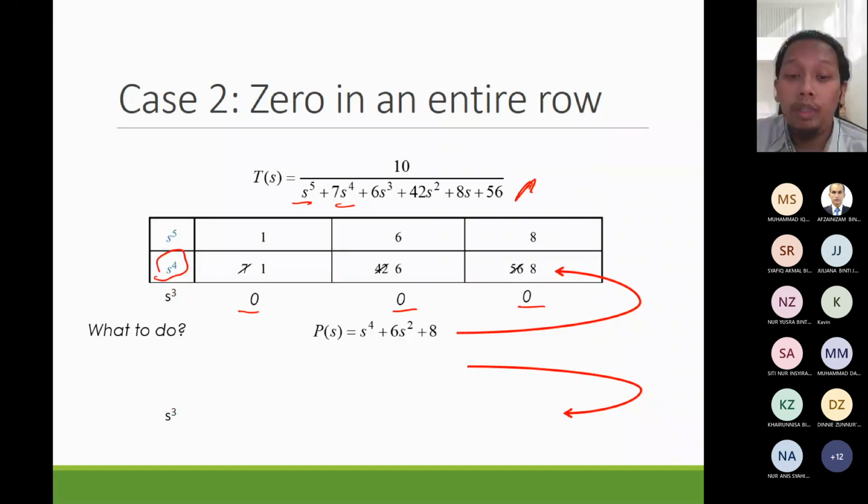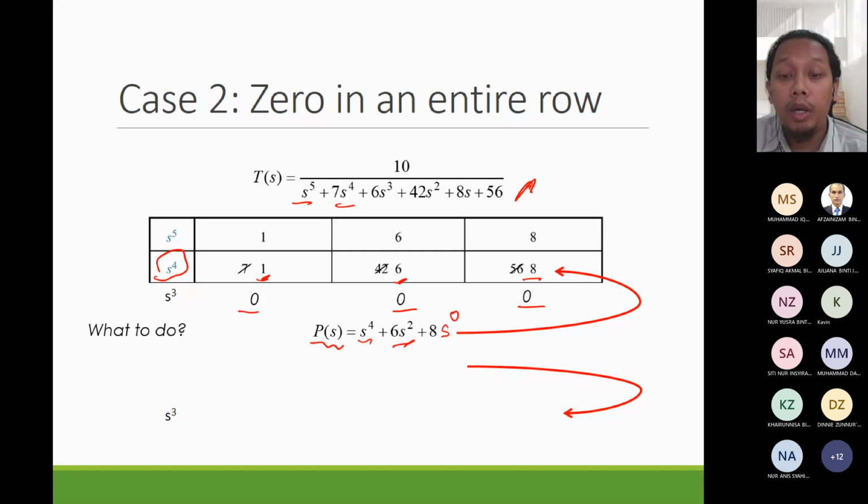Go back to row S4, and then create a polynomial. So a polynomial P(s) is created from row S4 by taking the first value here, 1 times S power of 4, plus 6 times S power of 2, plus 8 times S power of 0.